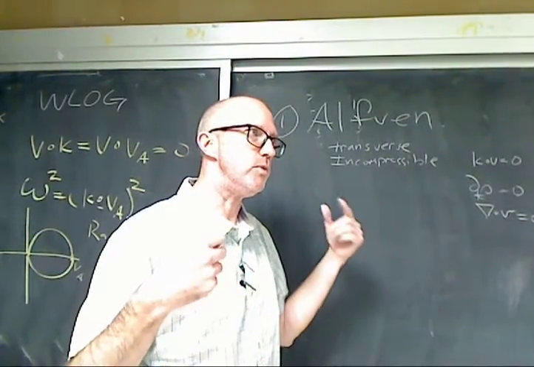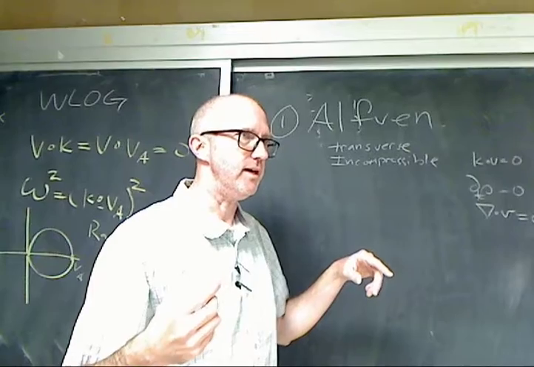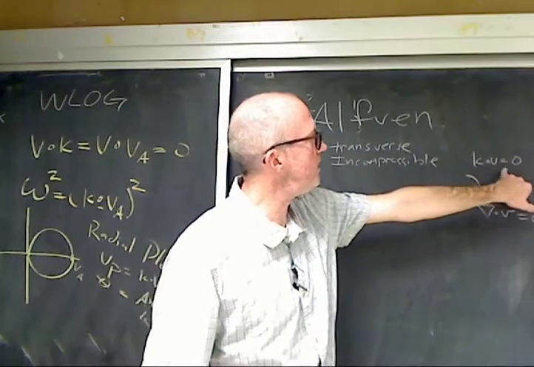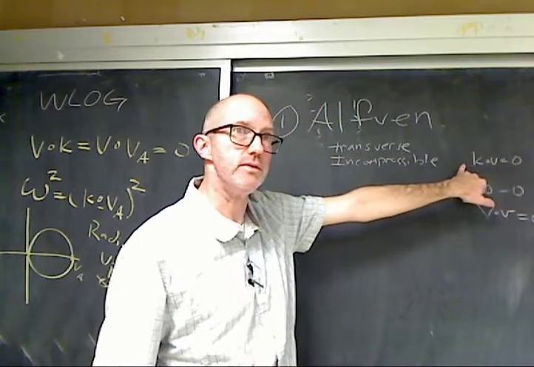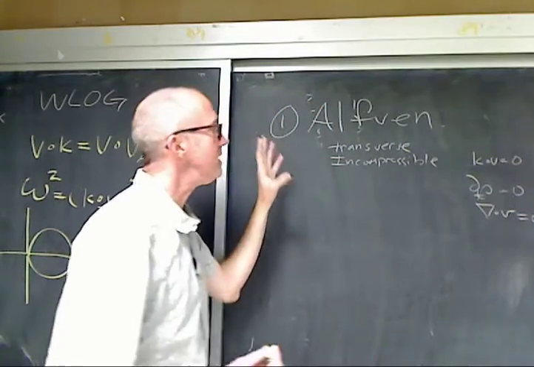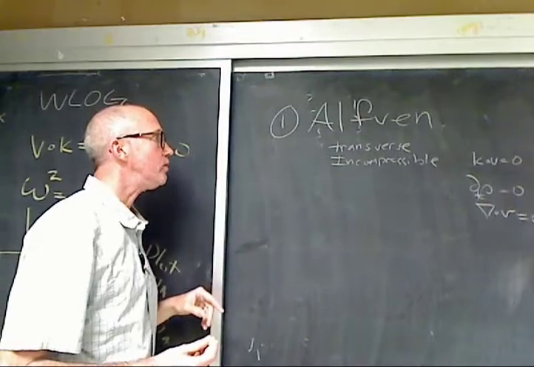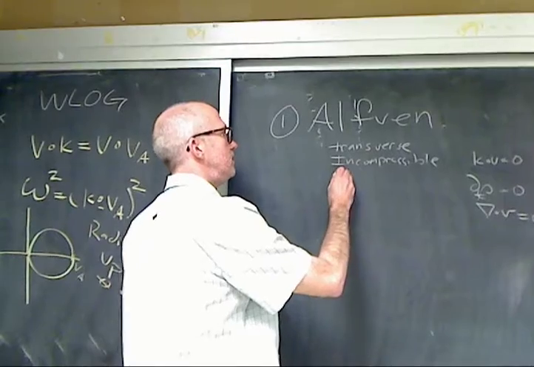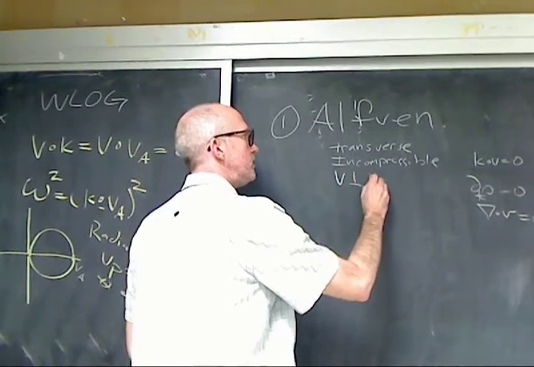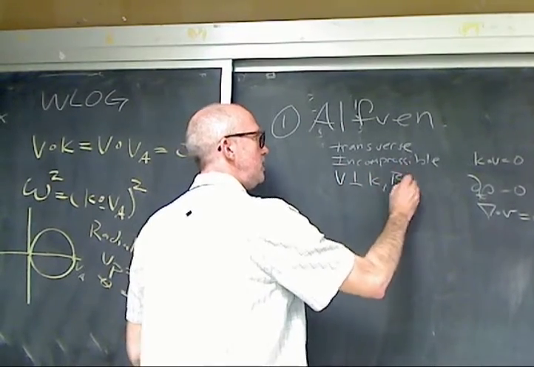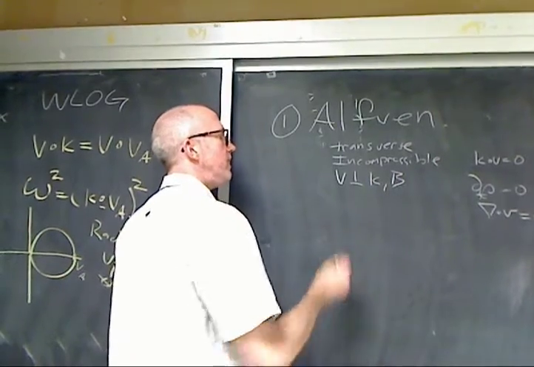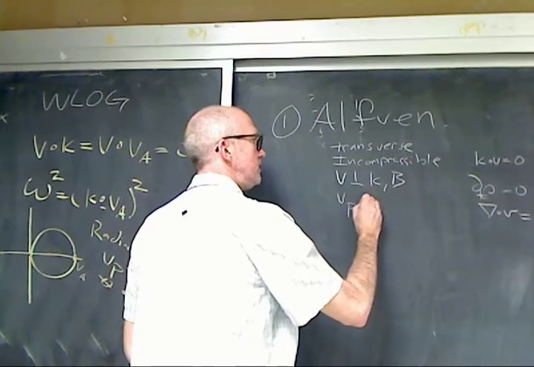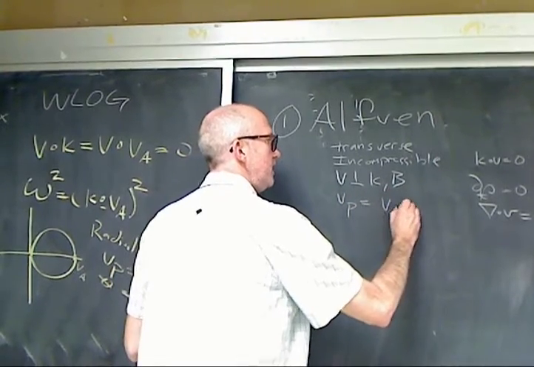You can also tie that to momentum in your head just to plan ahead for quantum mechanics. But k is a spatial derivative, so k dot v equals 0 means div v equals 0. So the Alfvén wave is an incompressible wave. It's transverse. V is perpendicular to k and b, and it travels with a phase speed v phase equals VA dot K.